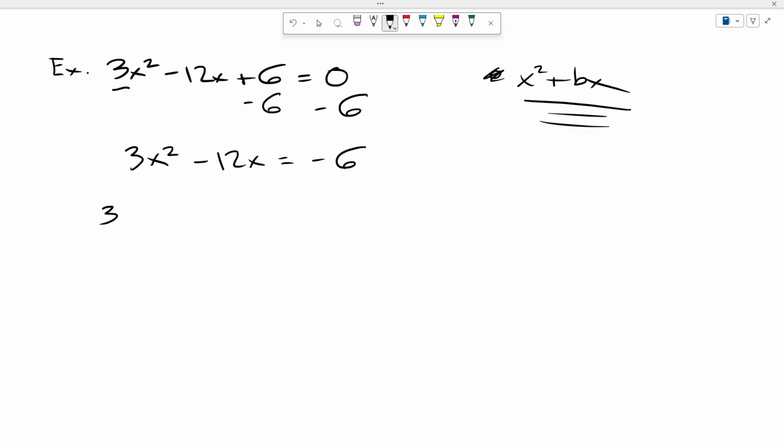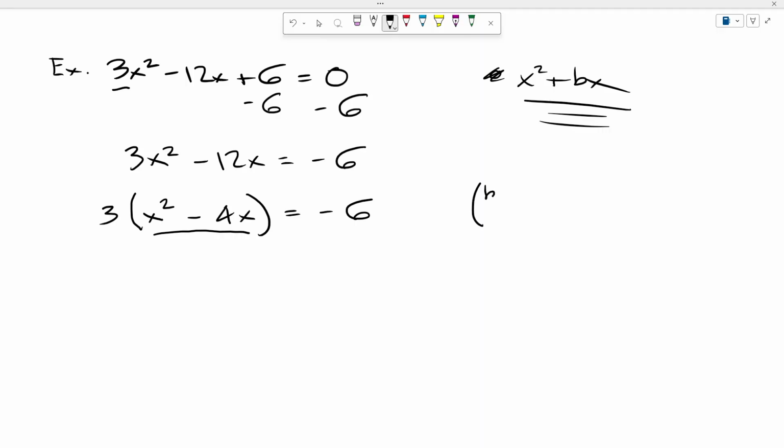All right. So now, again, we have that 3 as the coefficient with the x squared. So let's factor that out. So we end up with, inside we have x squared minus 4x equal to negative 6. Okay, and now that we are at this step here, now we can complete the square on just what's inside the parentheses. So don't worry about the 3 right now.